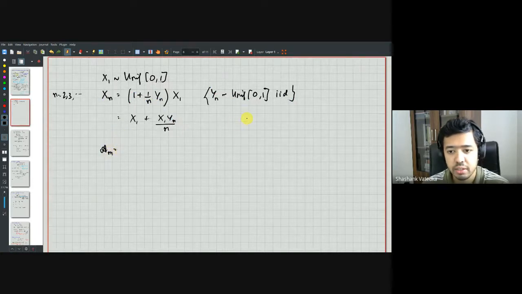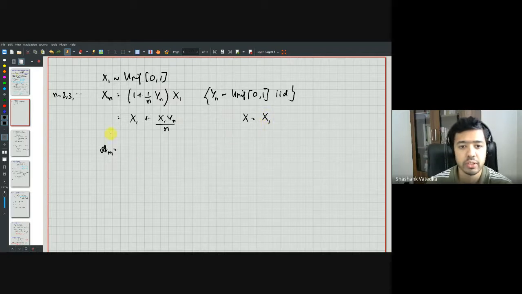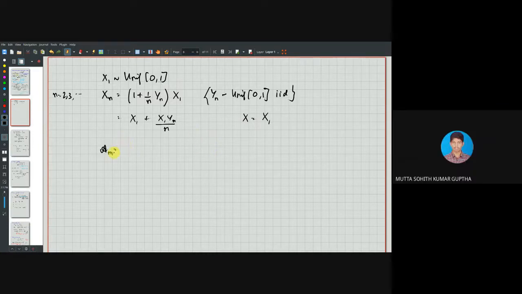In this case, I'll take X as X1. So I want to know whether the sequence of random variables Xn converges to X1 almost surely or not.